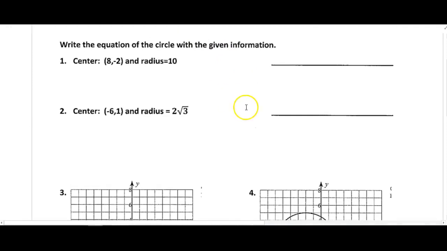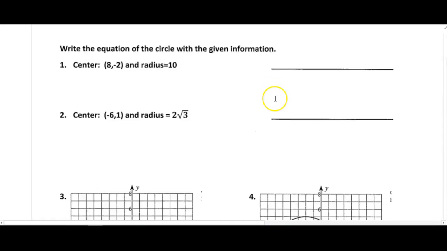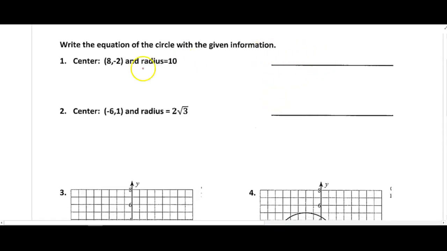Now, just as we can graph a circle, we need to know how to write the equation of a circle. Well, it's really no different. We're going to use the equation of a circle formula, which is (x minus h) all squared plus (y minus k) all squared equals the radius squared. So right away here, if my center is at (8, -2), here's h, here's k, and my radius is 10.